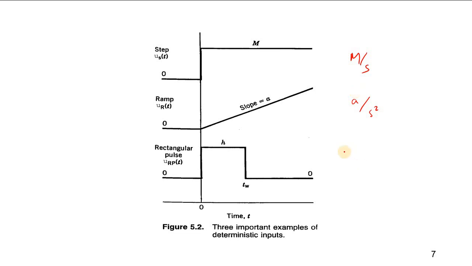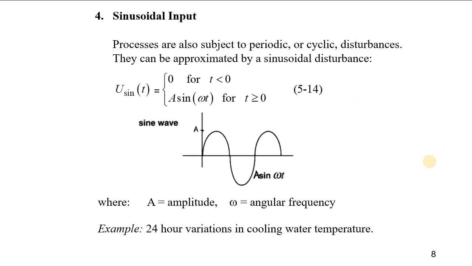And the third one will be something like that, which is h over s. Again, it's the same as m, and it's just a different term for you to look at. And that is h over s, or m over s, into 1 minus e to the power tws. Okay, so these are the equations that we have as inputs.